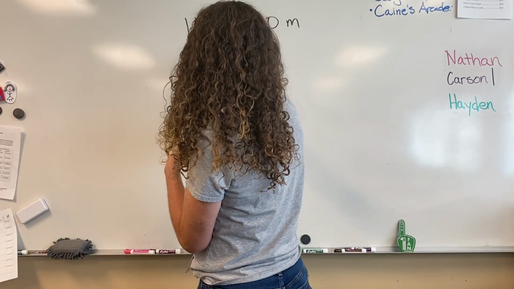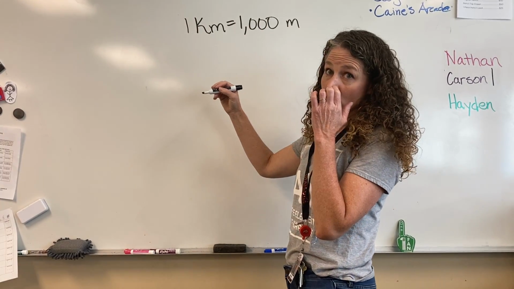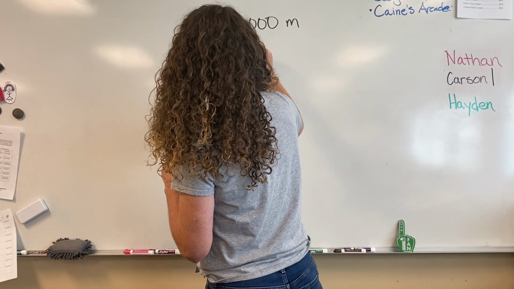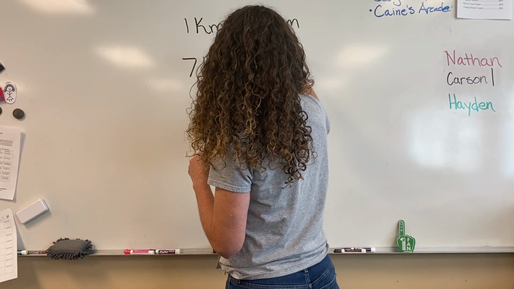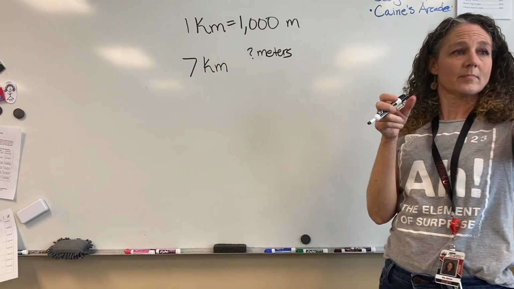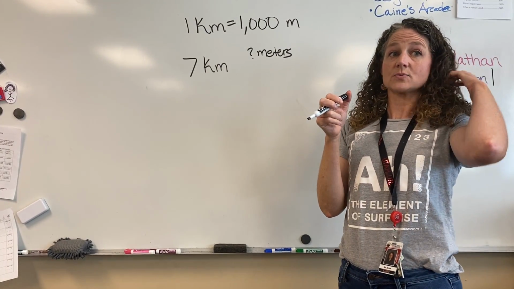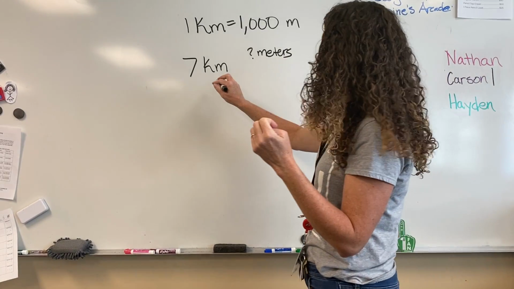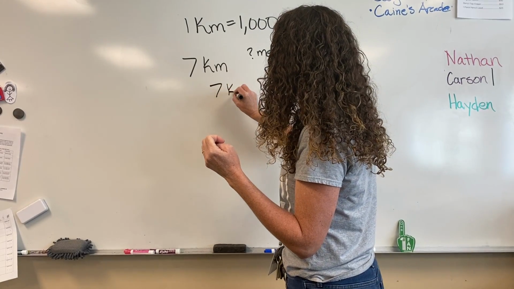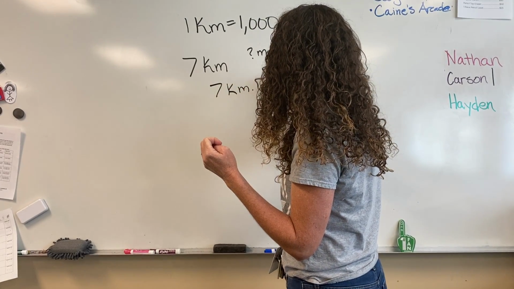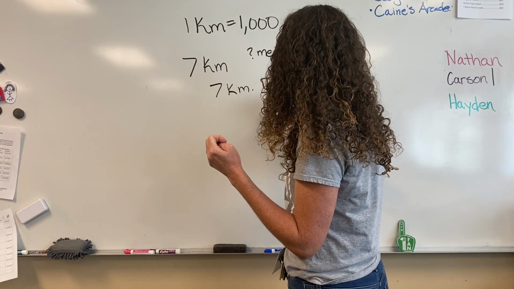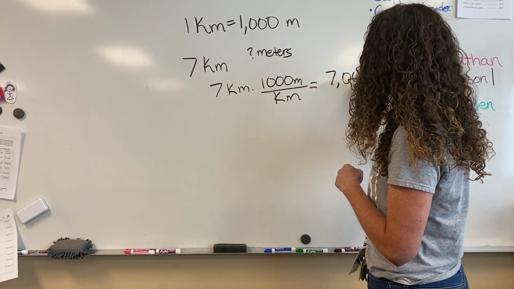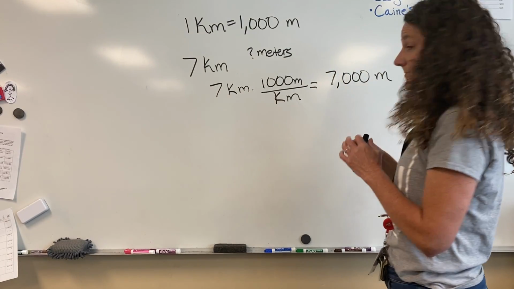So if I say that I'm going to go 7 kilometers, how many meters is that? 7,000. You did that crazy fast. What did you do to get that? Well, 7 times 1 is 7, and then I just added 0. 7 kilometers times 1,000 meters per kilometer. The math is super easy. She just added a bunch of zeros. And we have 7,000 meters.